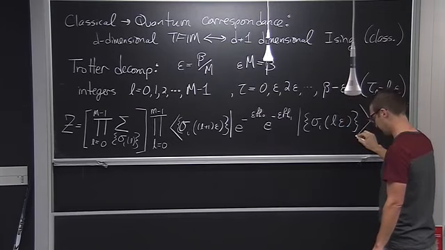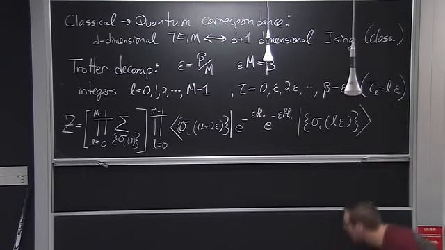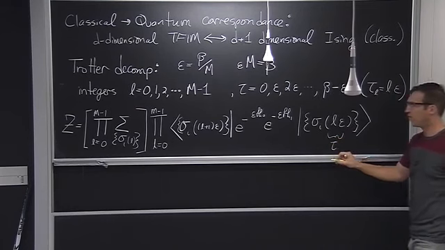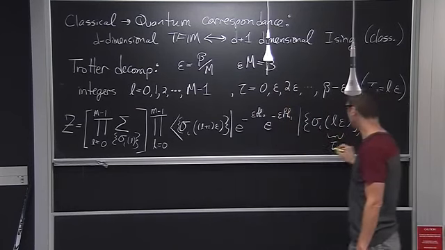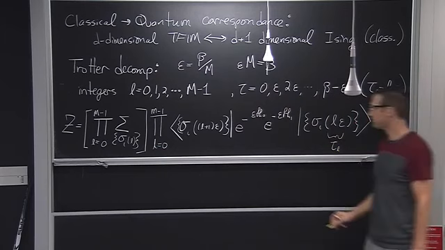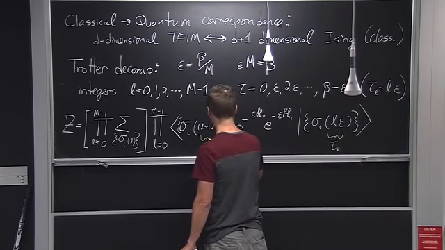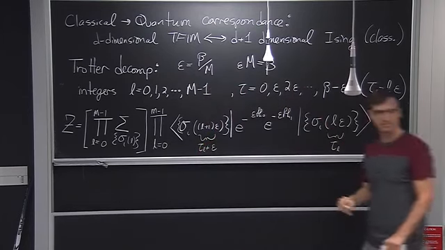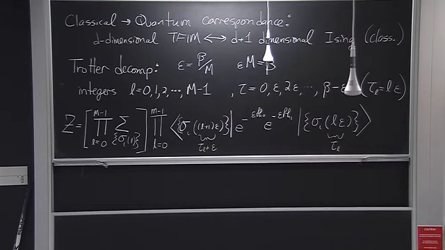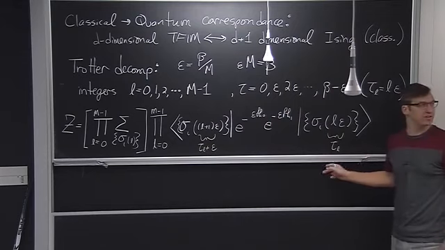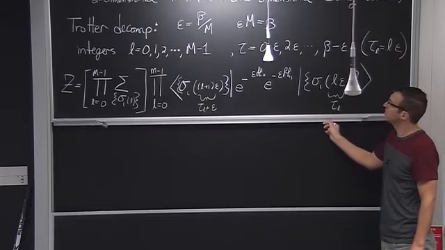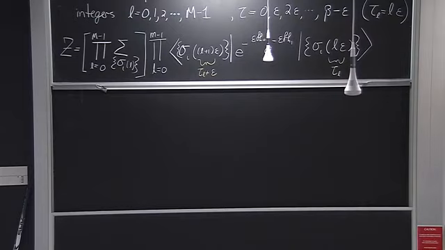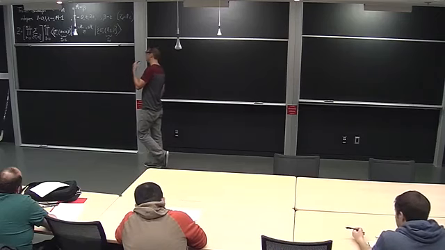I think that's right. Last time I wrote this as tau, but now I'm labeling it with this L index, so it's just tau L. And this one here would be tau L plus epsilon. So it's that matrix element that we're trying to solve. Does that make sense? That's after inserting all the resolutions of the identity.